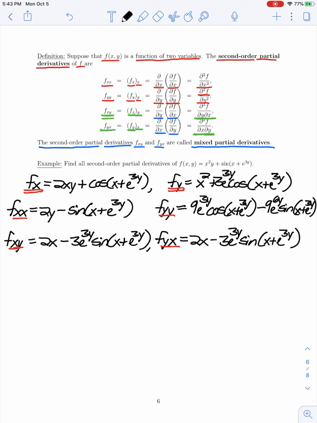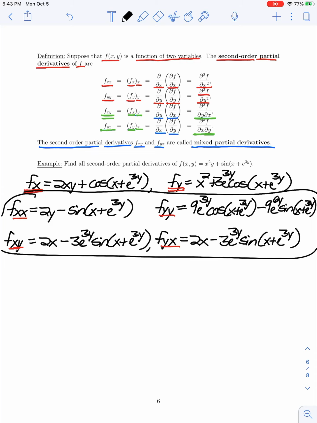And then the derivative of that inner function with respect to x is then just 1. So these would be our second order partial derivatives of that function.